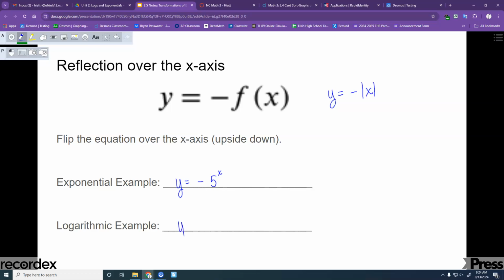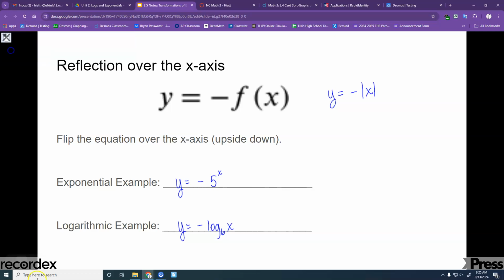For log examples, it will look like negative log, your base could be anything, of x. So all those rules that we learned for absolute values are the same for exponentials and logs.